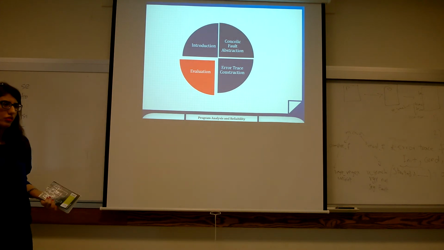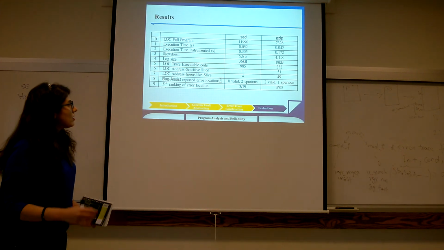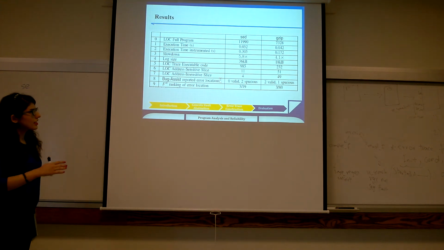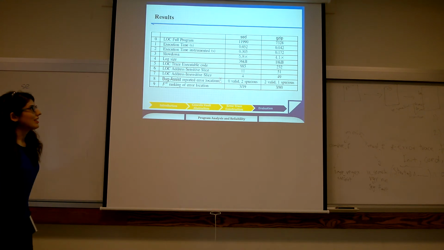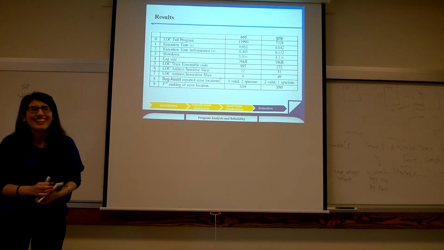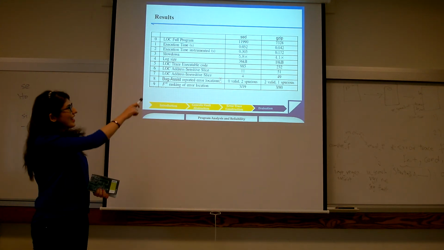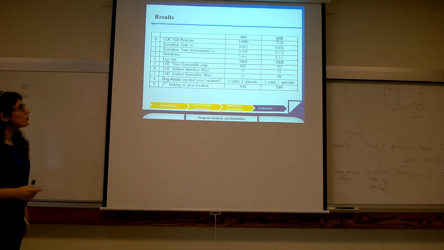So we are going to the evaluation part. They had the experiment with two programs, SED and GZIP, and they have all the information in this table, right? As we see, the whole program was the first line. We can see the lines of code, it's huge.